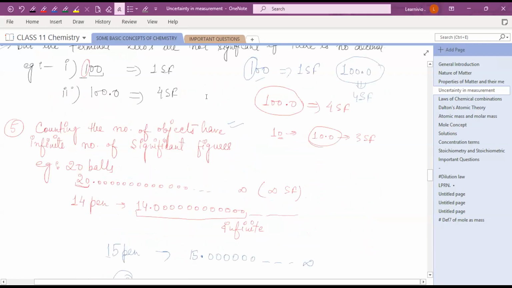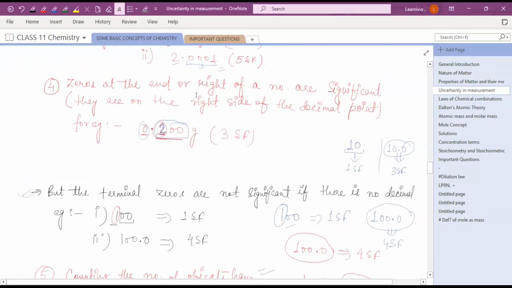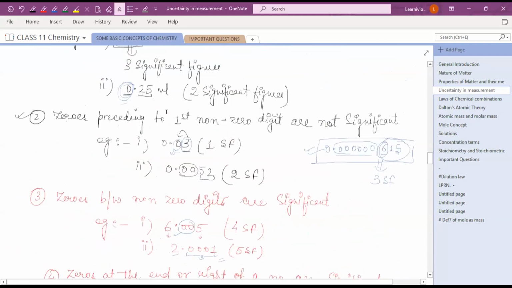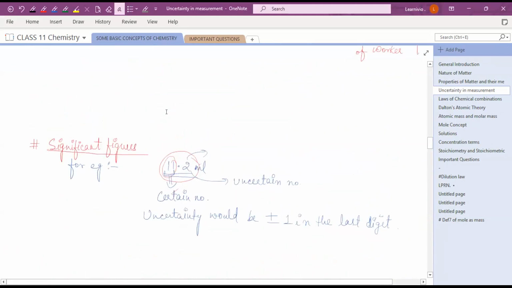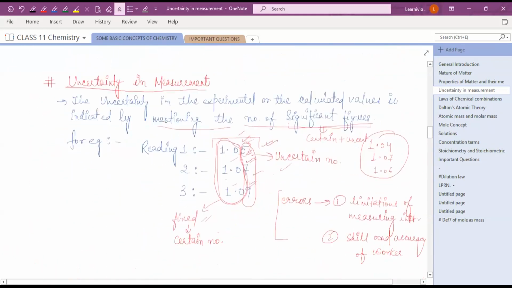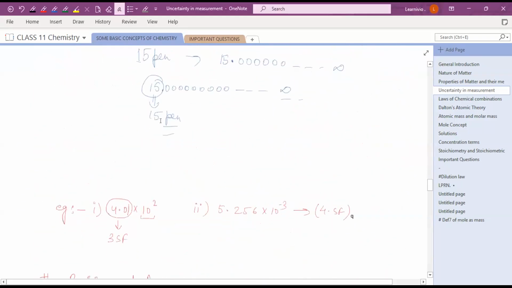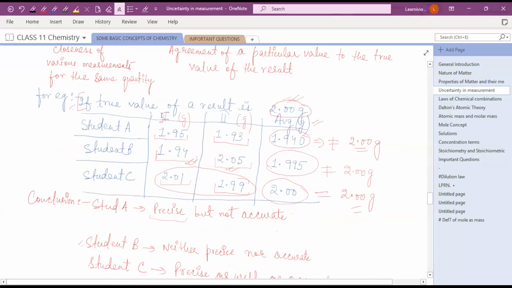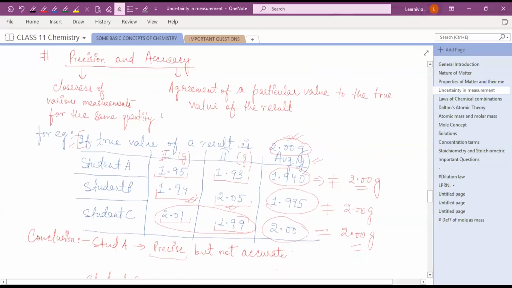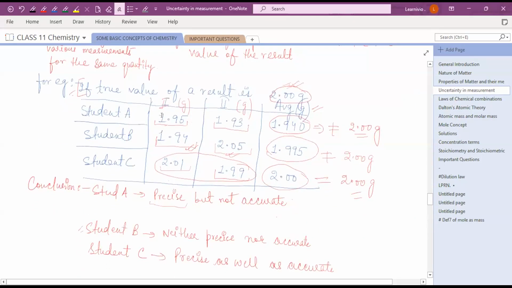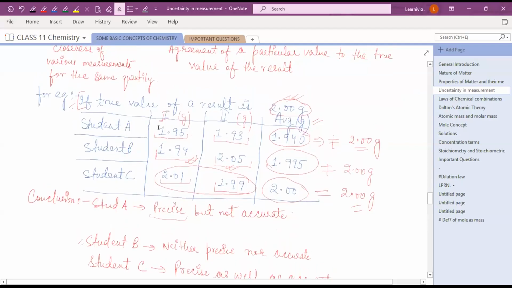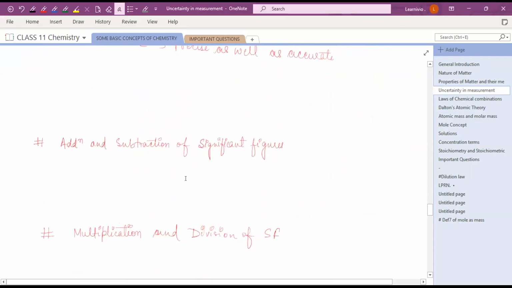Ma'am, what were you saying? I just said that one question has come from this topic in your exam also. Have you done it properly? Which one, ma'am? Precision and accuracy, this type of question. Same question was there, but the numbers were different.